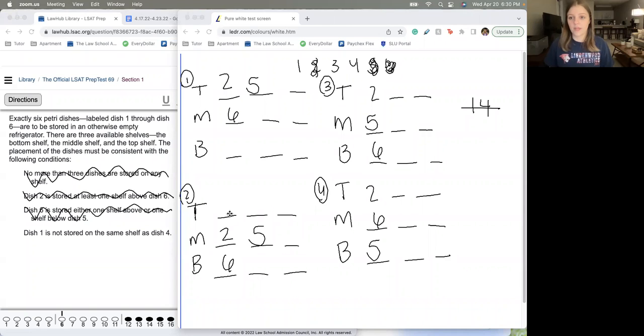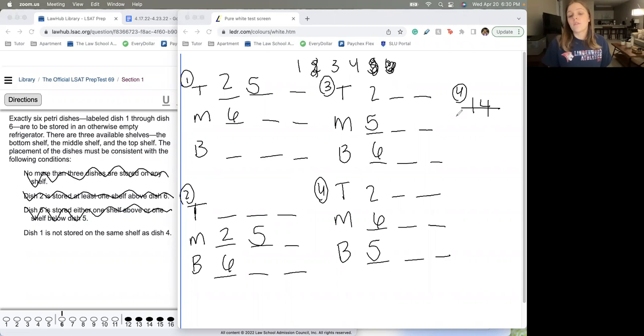And it's not in our best interest to spend all that time, especially when I only have 3 variables to really worry about. It'll be much easier to just go through the questions and write it in as I need. So I'm going to keep this rule to the side, and I'm just going to think about it when I'm placing 1 and 4 when I go into my questions.